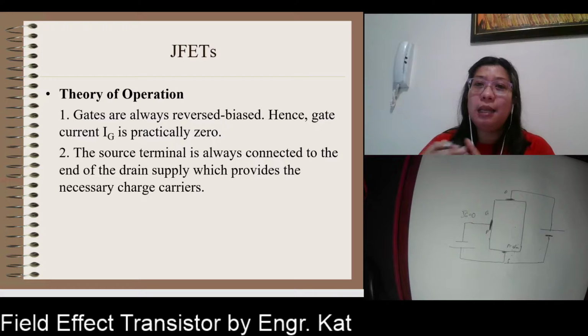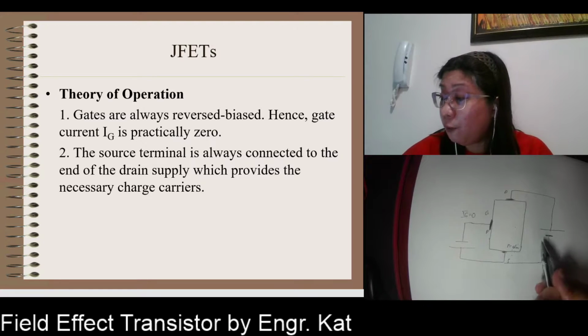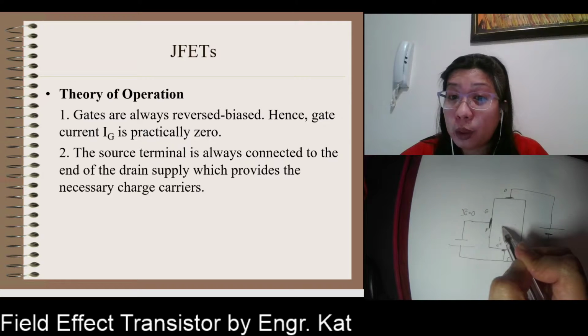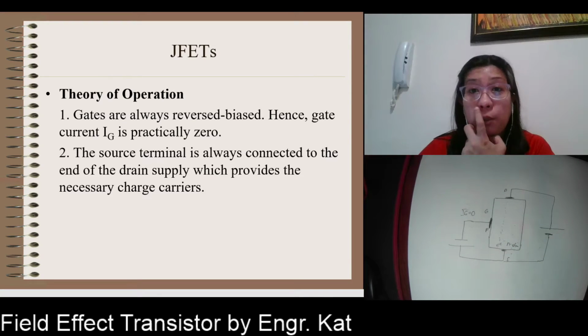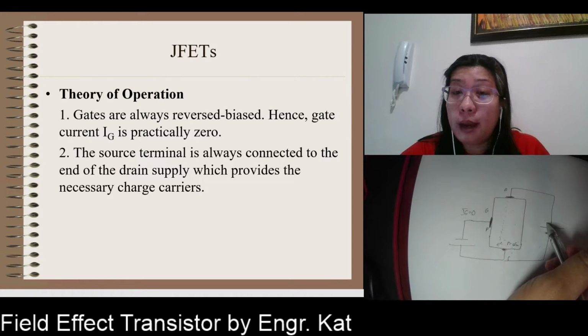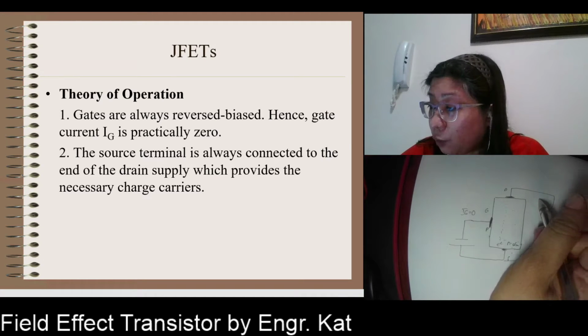Okay, so again, the current flow is opposite with the electrons flow. So the electron flow is from the source. So these are your electrons. So your electrons will be flowing from the source going to the drain, while your current flow will be what? Will be dictated by your source here, which is from negative to the positive.